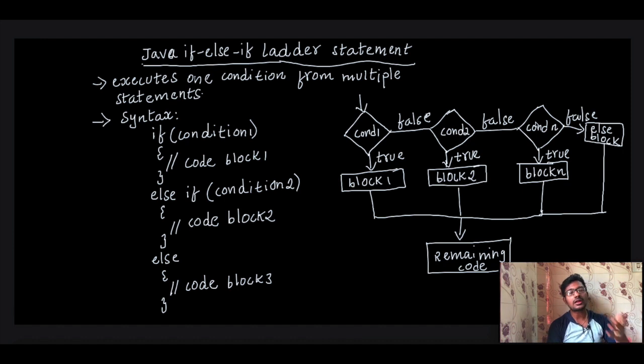It can be 100 conditions, 1000 conditions, or millions of conditions. It doesn't matter at all. So finally condition n would be checked. If condition n is true, then block n would be executed. Otherwise finally the else block would be executed. So that's the syntax and the flow diagram of the if else if ladder.